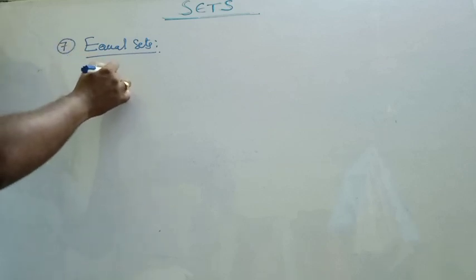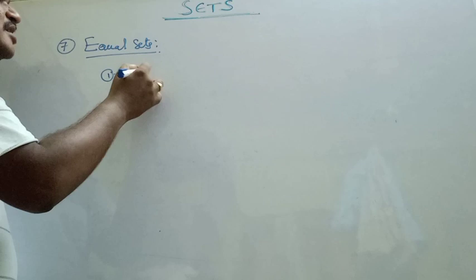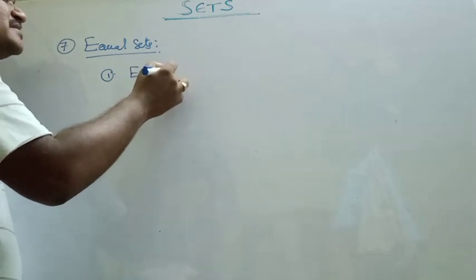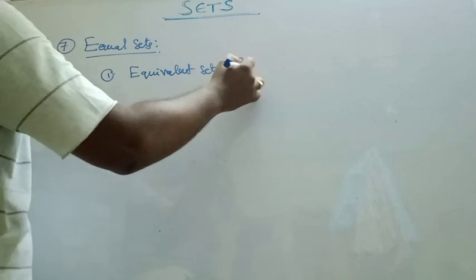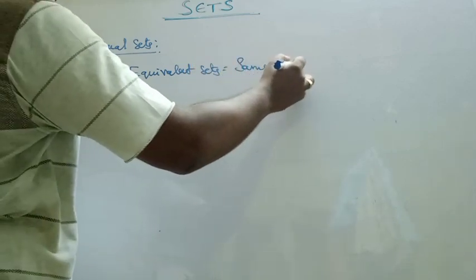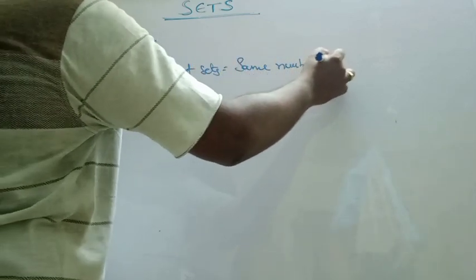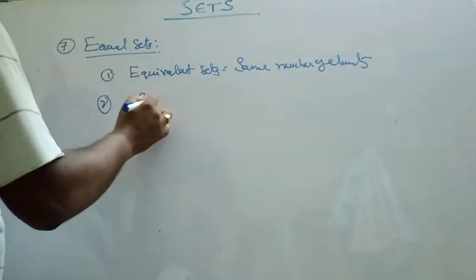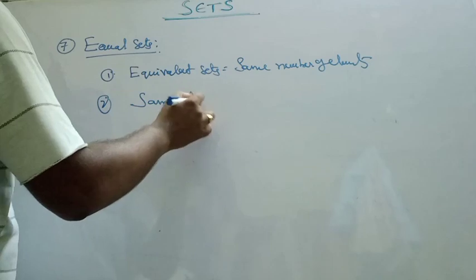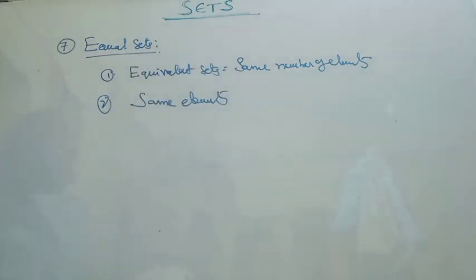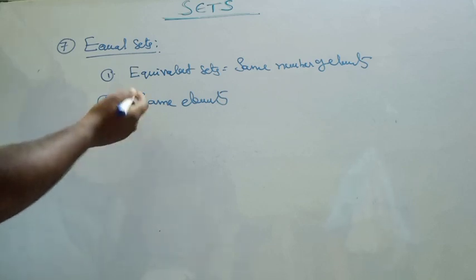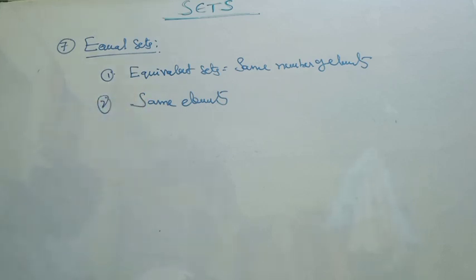When we say two sets are equal sets, the first condition is they have to be equivalent sets, which means the same number of elements. Number two, the same elements. Now let us discuss with an example.